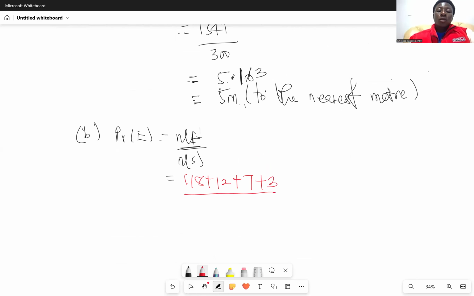Then you divide by the total sample space, which is 300 trees. Guys, when you added, what's that? 140.